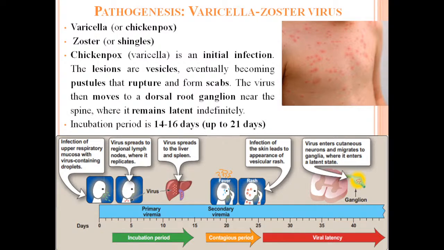The most common incubation period of chickenpox is 14 up to 16 days. But we used to say that the longest period of incubation of this virus is 21 days.